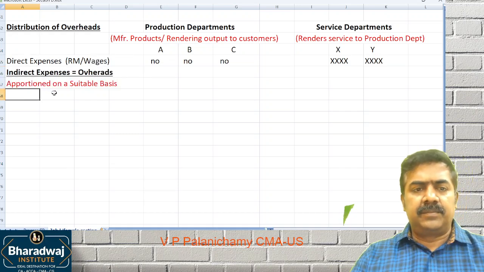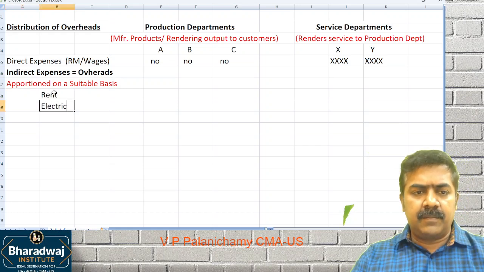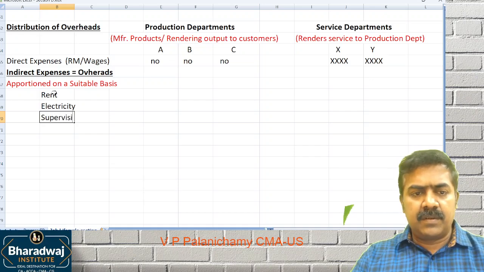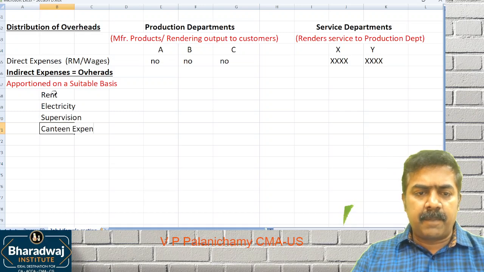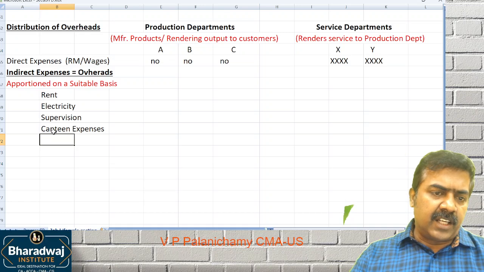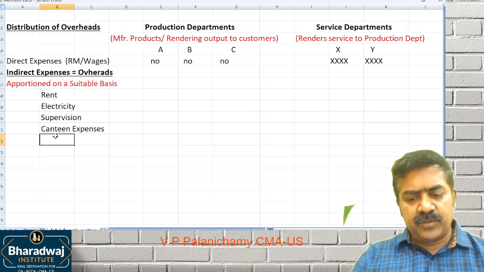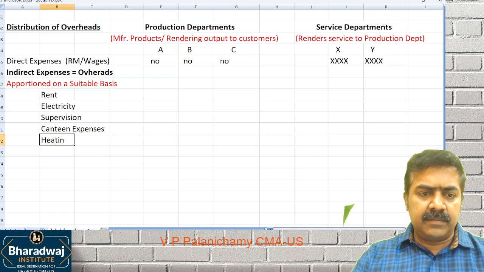For example, we pay rent, we pay electricity, there may be supervision, there may be canteen expenses, there can be electricity for heating and lighting.